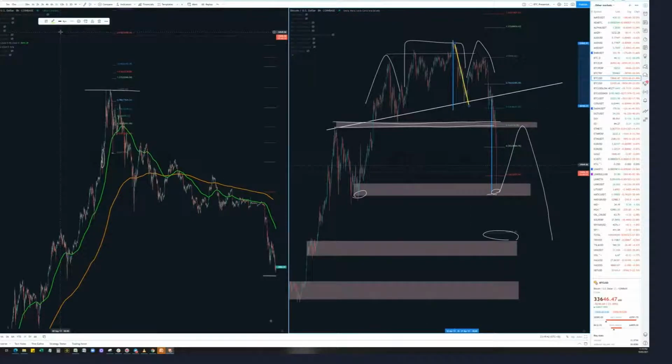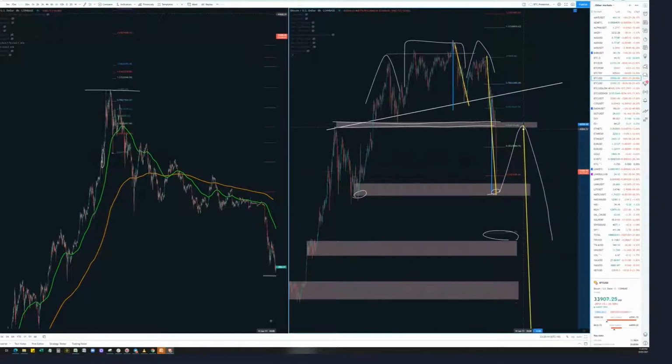If I measure that length and apply it to where it came up and bounced, my ABC would have been complete. However, even though I had the right principle, I probably applied it incorrectly. So now let's make this the A. A to B is that. And if I apply AB equals CD, that's a bit too much, isn't it? So that doesn't work out.